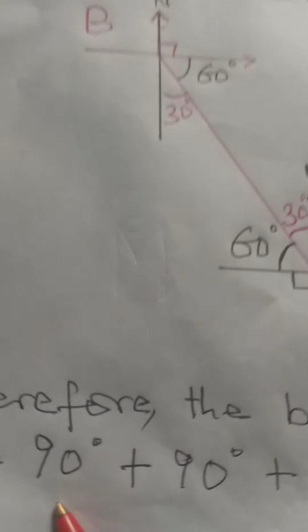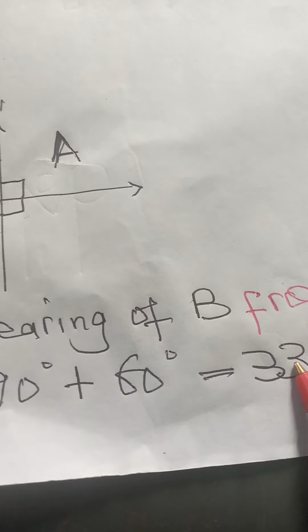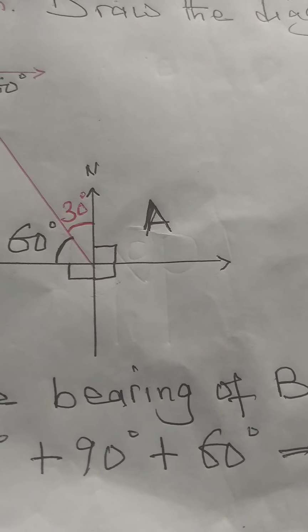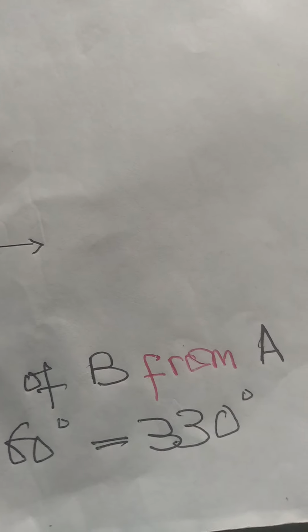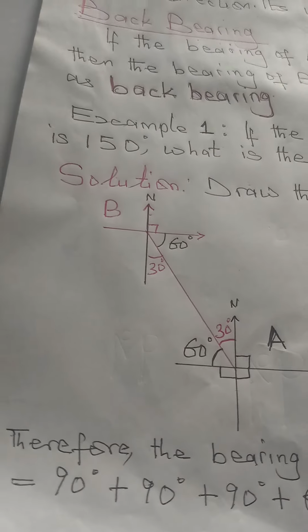If you sum all of them, you're going to have 360 degrees. Therefore, the bearing of B from A will be 360 degrees. So that is how we represent back bearing.